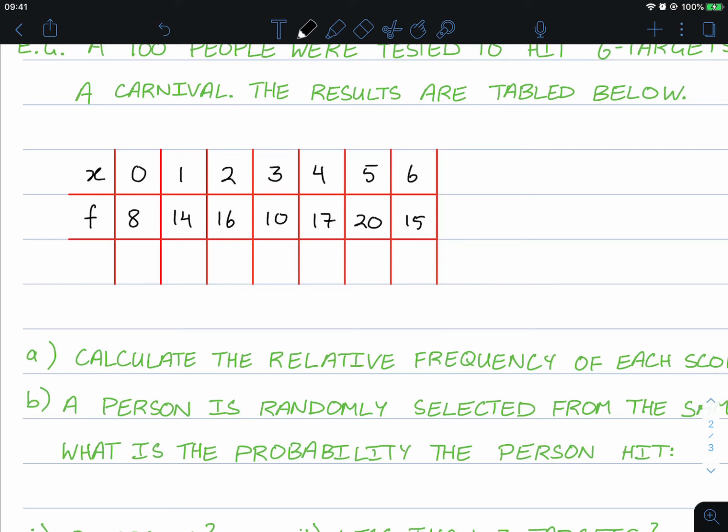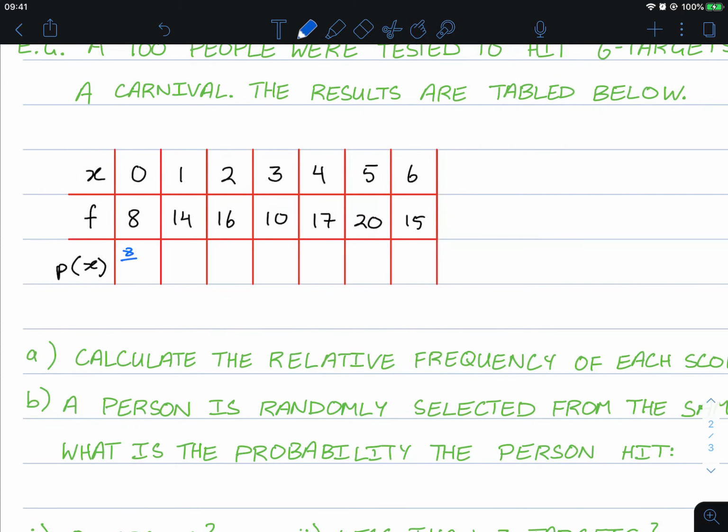So we'll put this as f(r), relative frequency, or we can just say it's the probability of this occurring. So the probability of 0 occurring is 8 over the total number of people. In this case, there was 100, so 8 over 100.